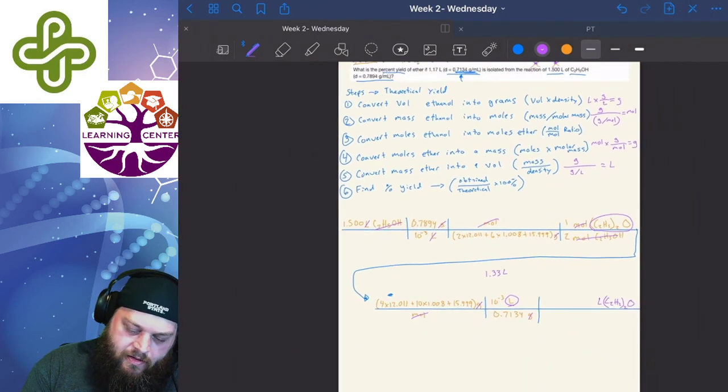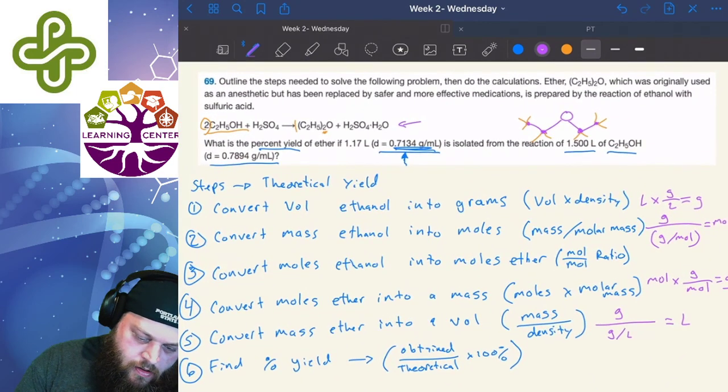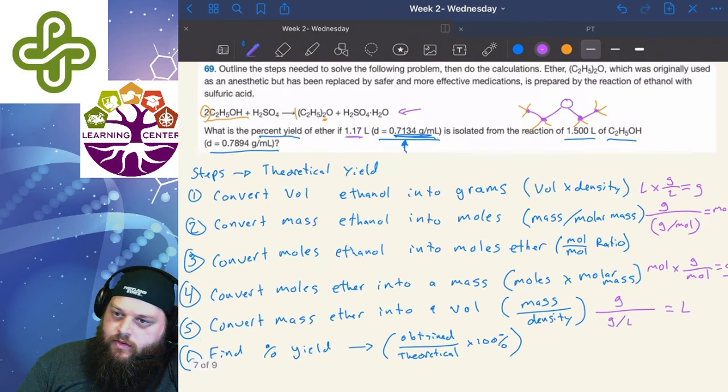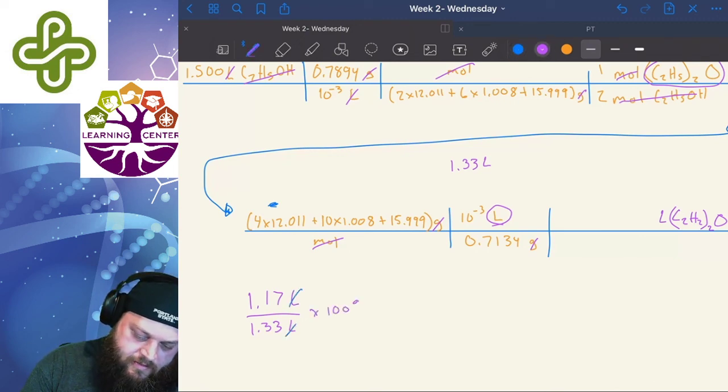So how does that compare? Let's do our percent yield. We see that 1.17 liters was obtained of ether. So to do that, that's 1.17 divided by 1.33. Both of those are in liters, which cancel. And then we multiply times 100%.